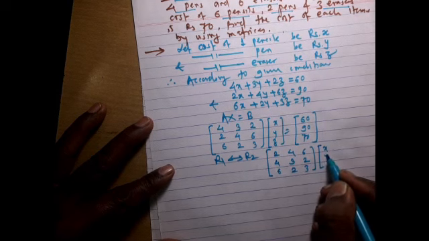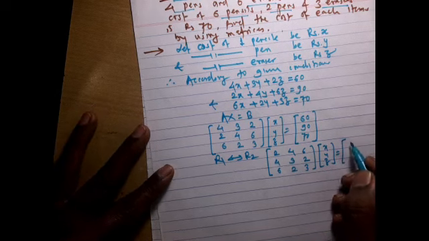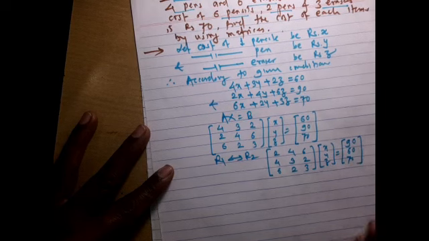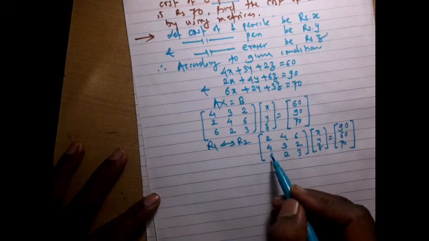Again, this matrix will be unchanged, and this side 90 60 70.